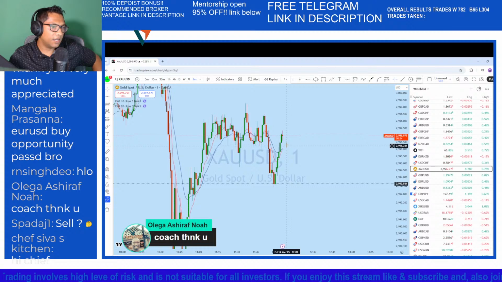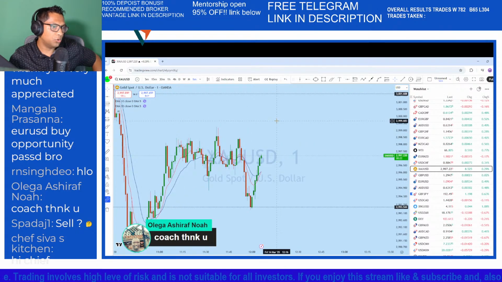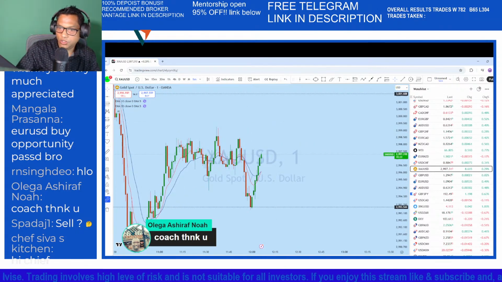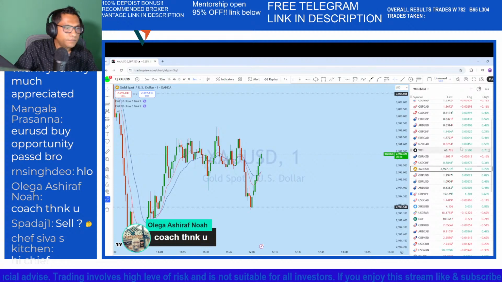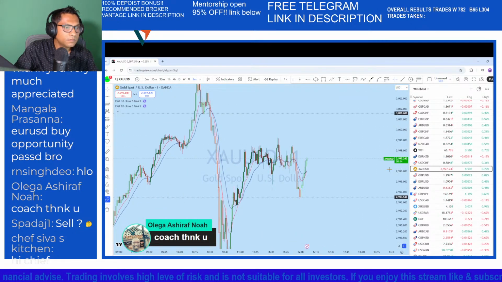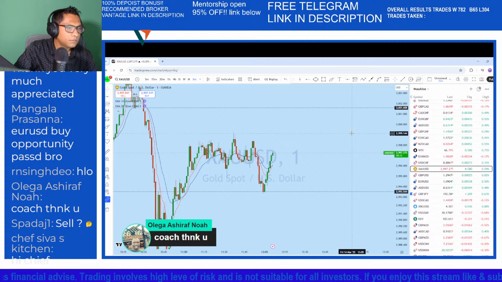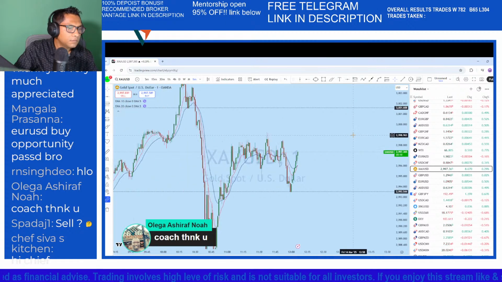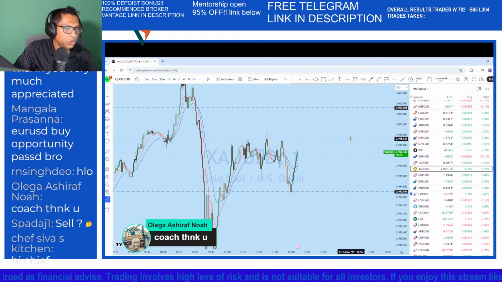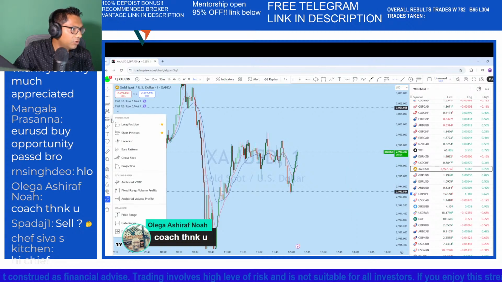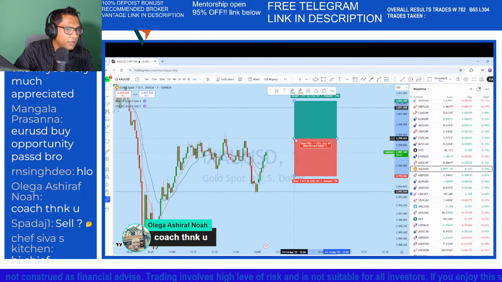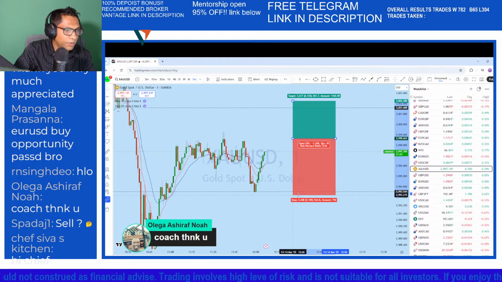Now, the way the market managed to break out, I think we could see a potential continuation here. So we'll be placing a buy stop here for this potential move. If the market manages to bounce, we will be entering into the trade.